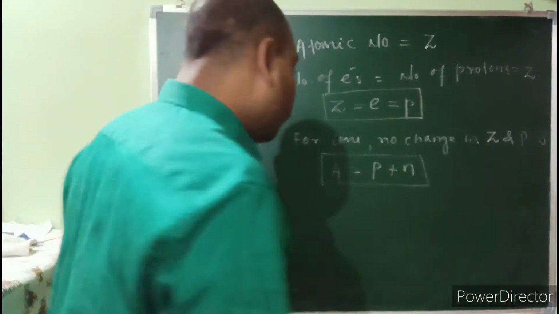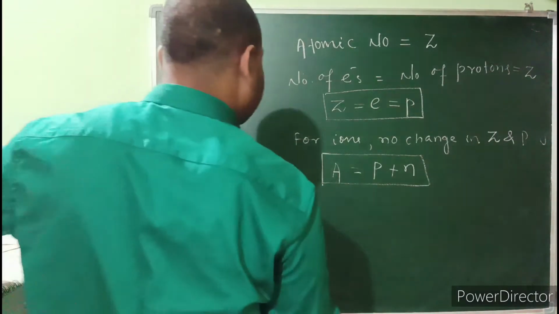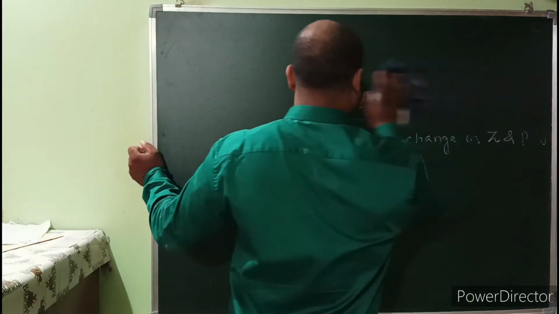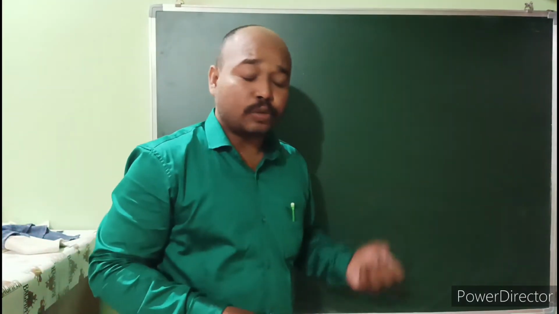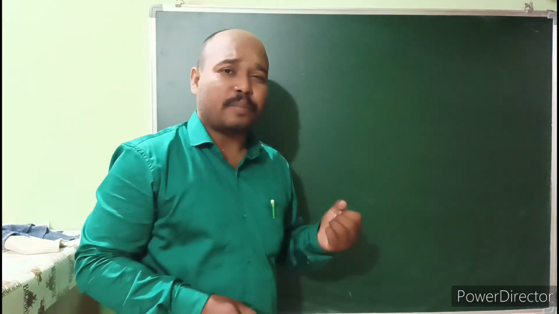Now, when we explain an element, we find electrons, protons, neutrons, atomic number, mass number, and so on.